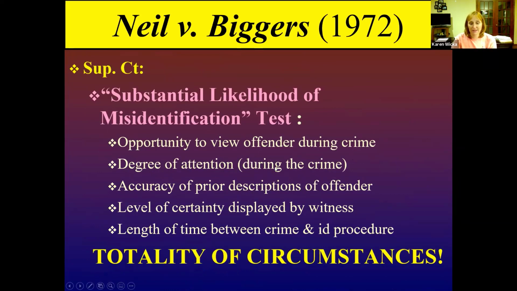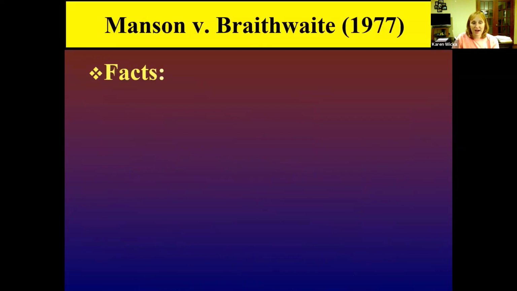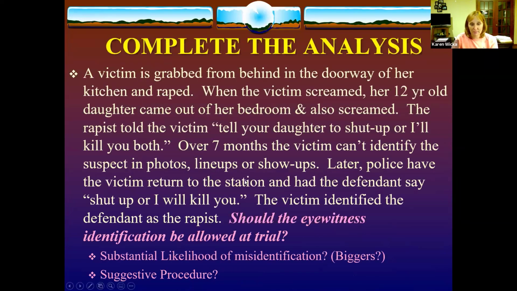She's probably paying attention to her daughter. I don't really give you a description, so I can't tell how certain. She was pretty certain because she didn't identify anybody before. And then the length of time we said was 7 months. So as a judge, you're going to weigh all those factors and you're going to have to make a determination. Do you think she's reliable?